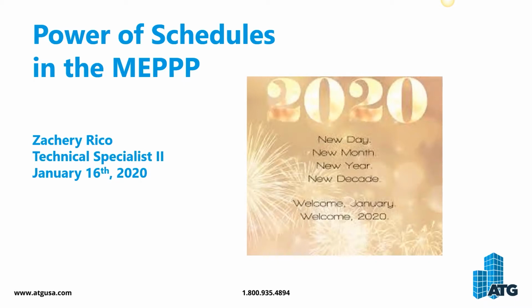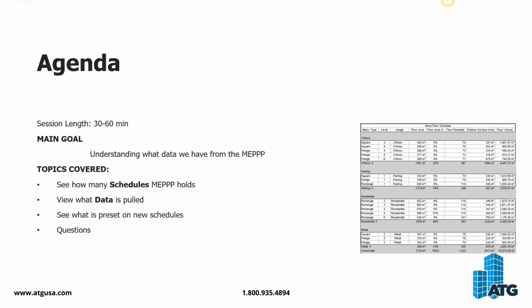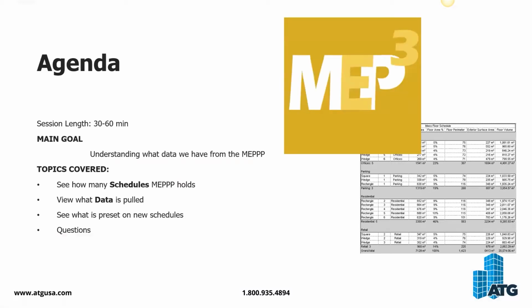So going into this, the biggest thing that we're going to look at is overall understanding the data that we have from the MEPPP in these schedules. We're basically going to see how our schedules hold up, what data is in there, and what the schedules are already set with, the parameters that are given to us from what CTC already has.